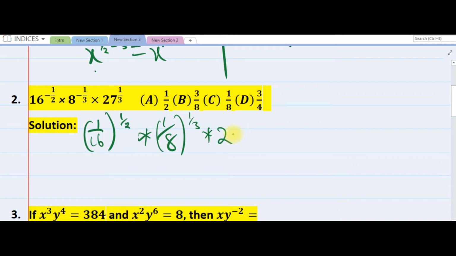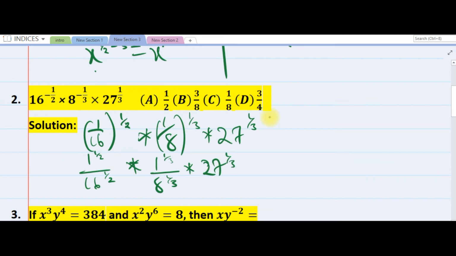Finally, 27 raised to 1 over 3. And here, remember, this means 1 raised to power half over 16 raised to power half, times 1 raised to power 1 over 3 over 8 raised to power 1 over 3, times 27 raised to 1 over 3.